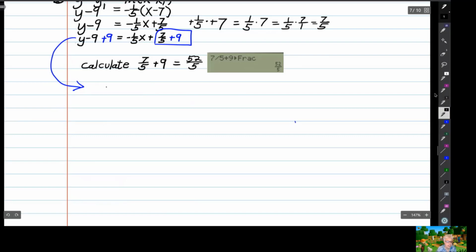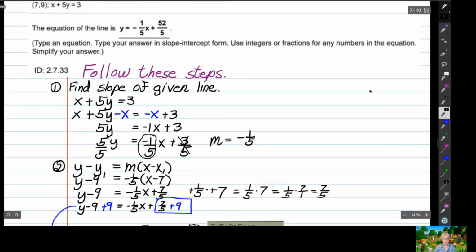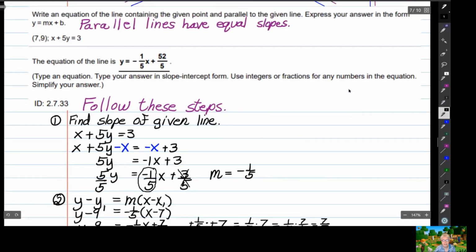That's going to give me y equals -1/5 x plus 52 over 5. Piece of cake. Math frac is one of my favorite things on the calculator. And I did put that answer in just to double check myself, keep myself honest.